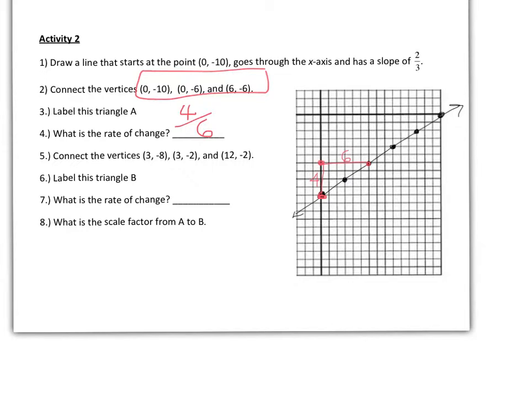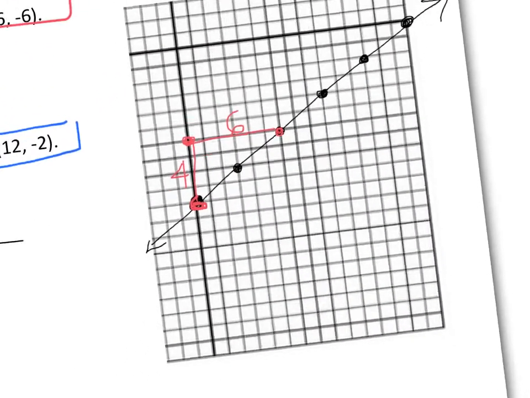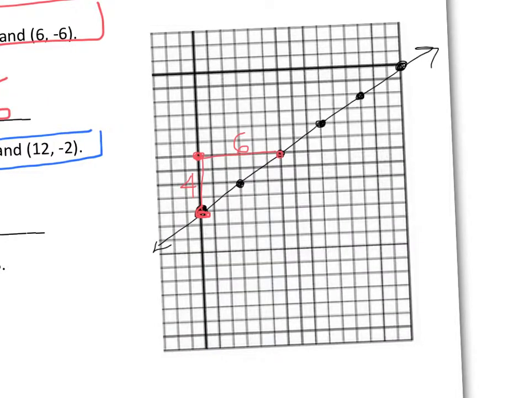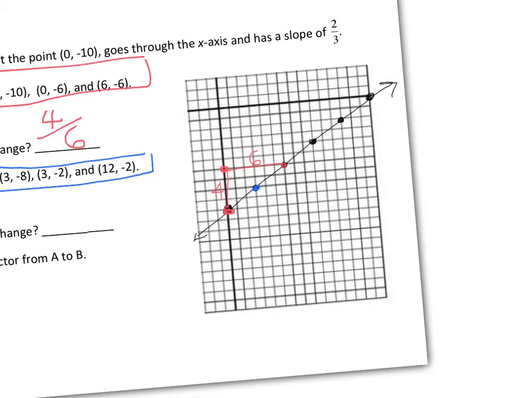Next shape. Do the same thing, except we're going to connect these 3 points. 3, -8. When I zoom in, 3, -8 is right here. It says 3, -2.